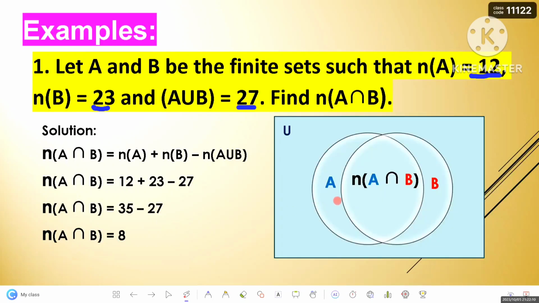So, again, this is our universal set, and our middle is cardinality A intersection B. Ito yung sagot natin kanina, itong 8, kaya ang ilalagay natin sa gitna ay 8. So, that is our intersection. I guess nakuha na natin.